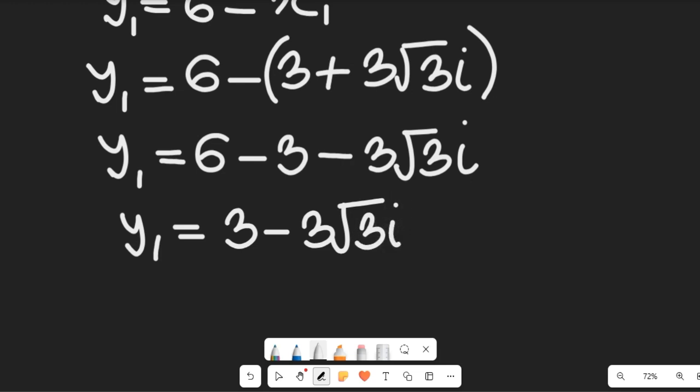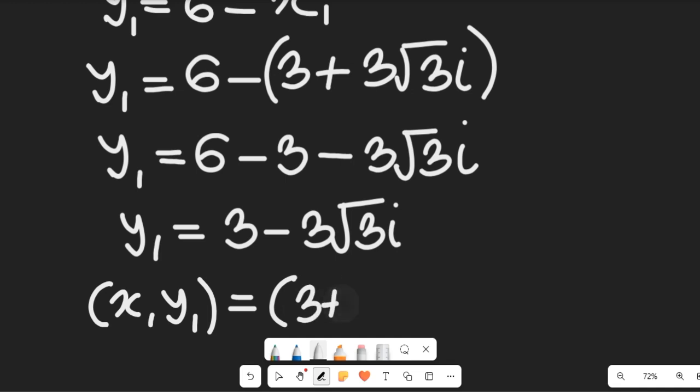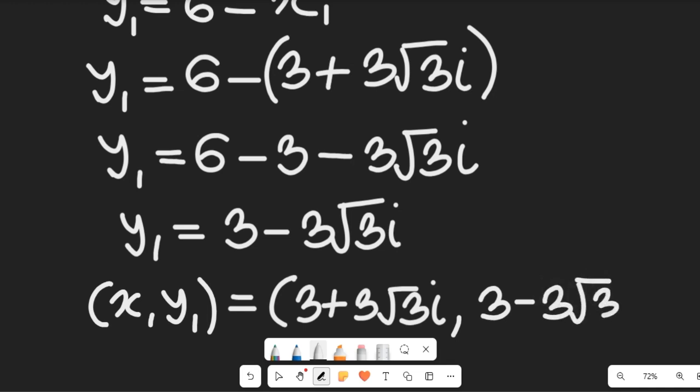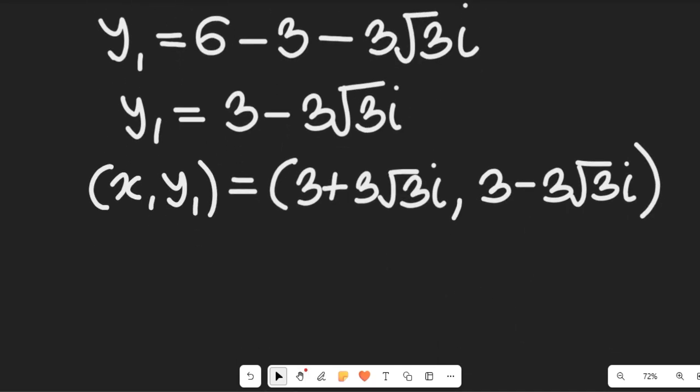So from this expression, x1 is equal to 3 plus 3 root 3i, and then y1 is equal to 3 minus 3 root 3i. And those are the pair for that solution.